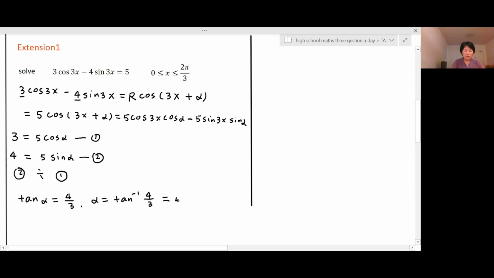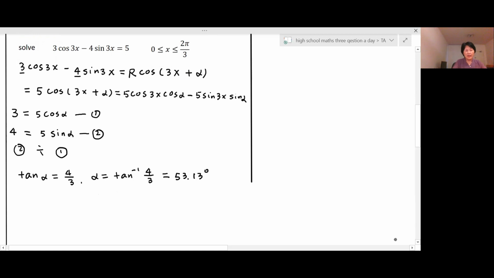So will be equal to 53.13 degrees. Okay, so now I found this alpha. Then I just write again: r, I'm using 5 to replace, and alpha, I'm using 53.13 degrees to replace.